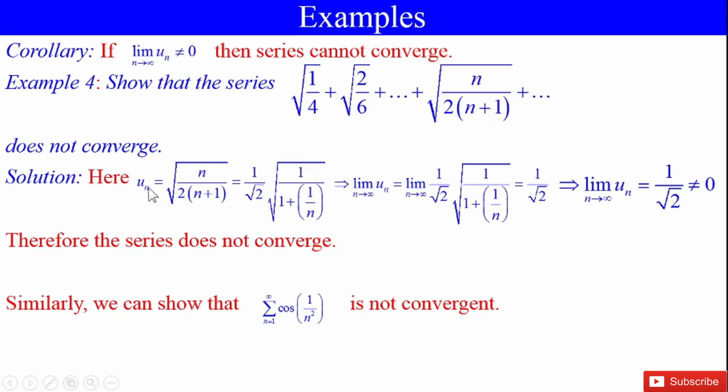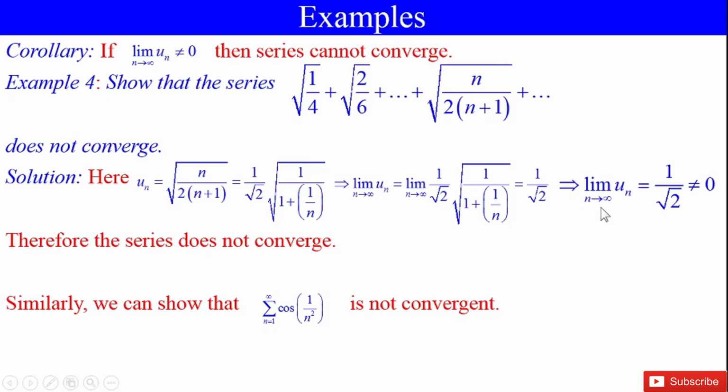Here un is equal to under root n by 2 times n plus 1, which is equal to 1 by under root 2 into under root 1 by 1 plus 1 by n, which implies that limit n tends to infinity un is equal to limit n tends to infinity 1 by under root 2 times square root of 1 by 1 plus 1 by n, which is equal to 1 by under root 2.